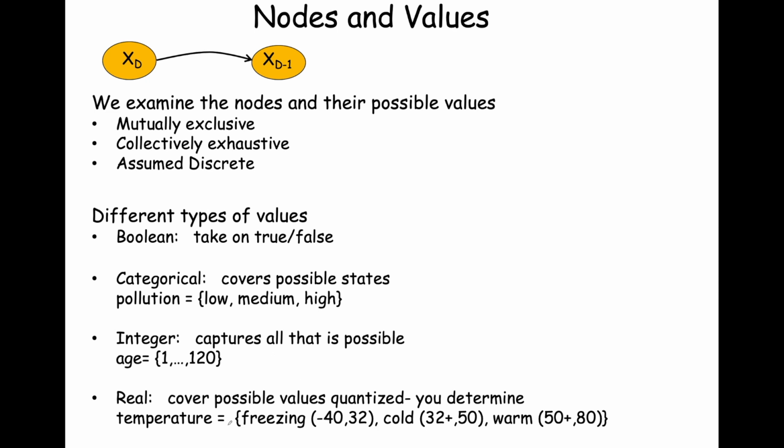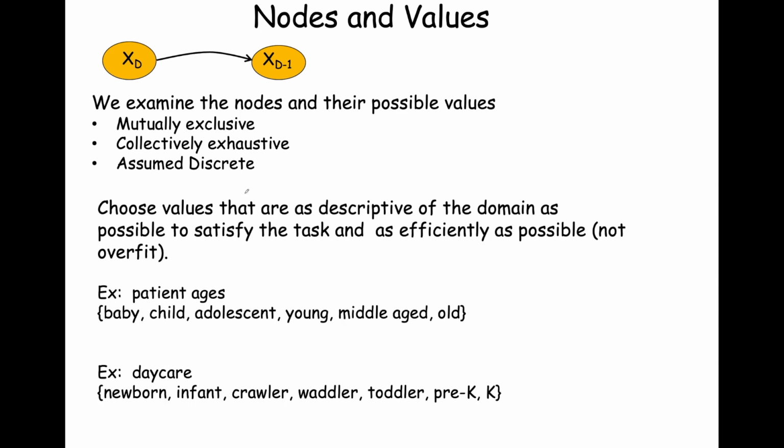So for example, if you have temperature, you could say freezing temperature is minus 40 degrees Fahrenheit to 32 degrees. Cold is over 32 degrees to 50 degrees. And warm, you could say, is over 50 degrees up through 80 degrees. And so if you're dealing with real value quantities and you want to build a Bayesian network, you have to quantize your values to be discrete.